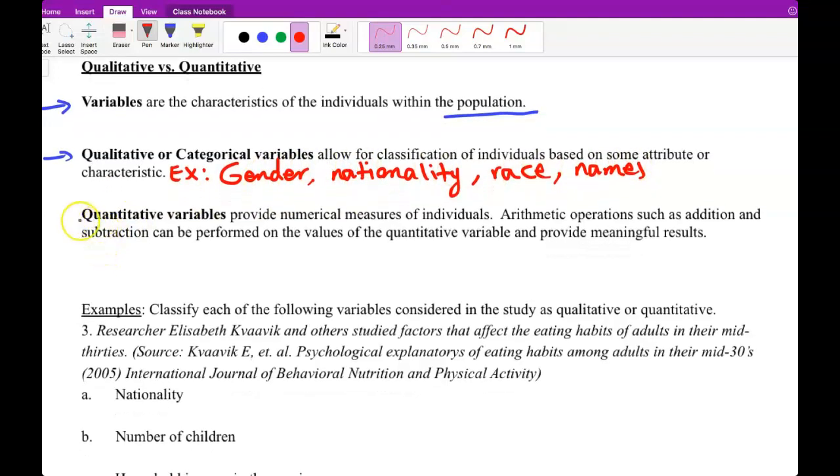The next one is quantitative variables provide numerical measures of individuals. So this means I can count these. Example.